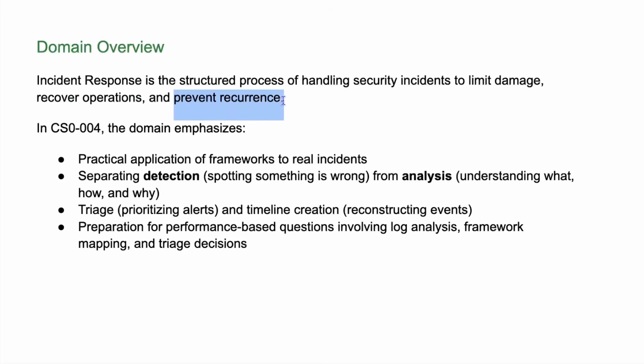And this is part of the lessons learned process, the debrief that happens after the incident is over, so that we can discover how they got in, what they did, how can we prevent them from getting in again, how can we secure the vulnerabilities that they were able to take advantage of. All of those conversations happen in the prevent recurrence.